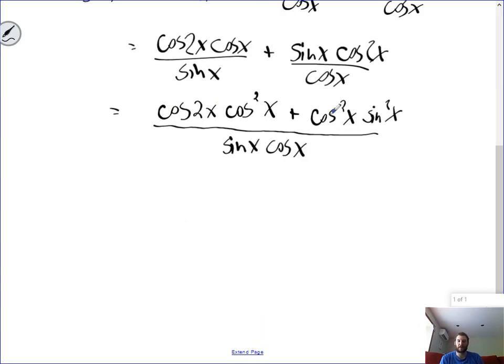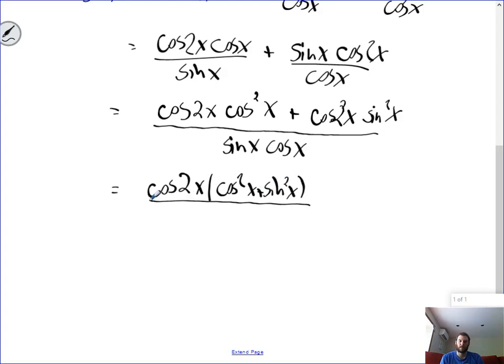Alright, now if I factor out a cos 2x from the numerator, I get cos 2x times cos squared x plus sine squared x all over sine x cos x, which is nice because cos squared x plus sine squared x is equal to 1.